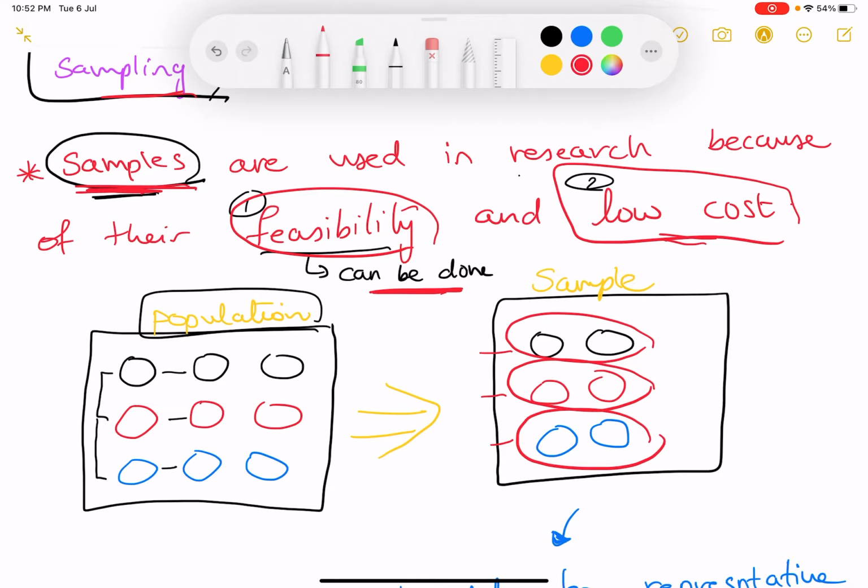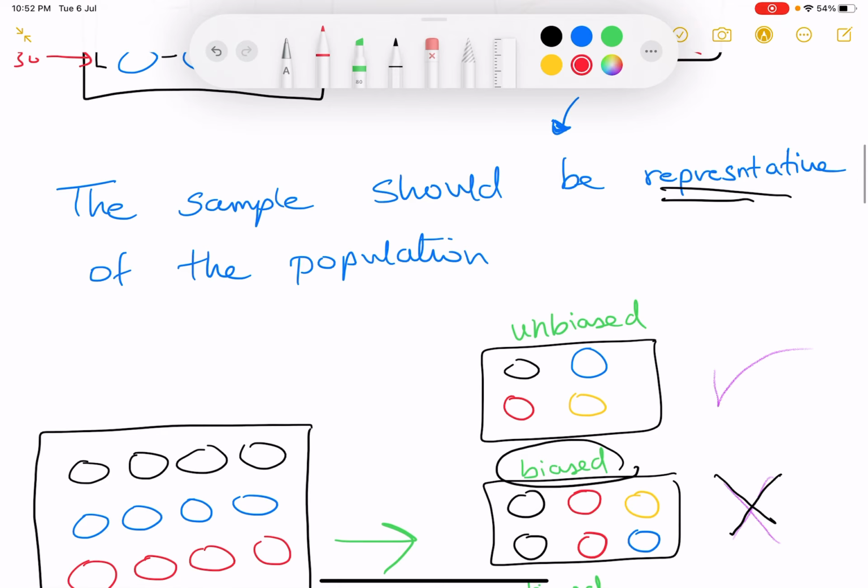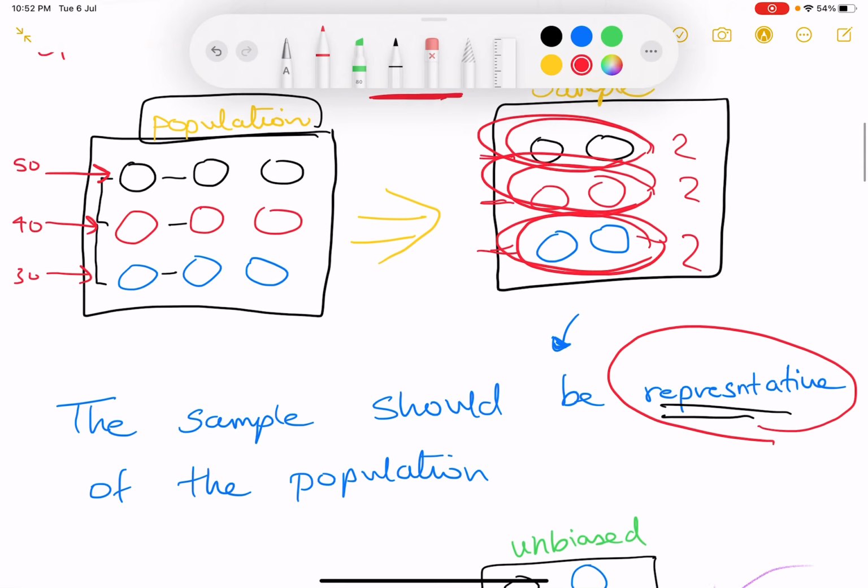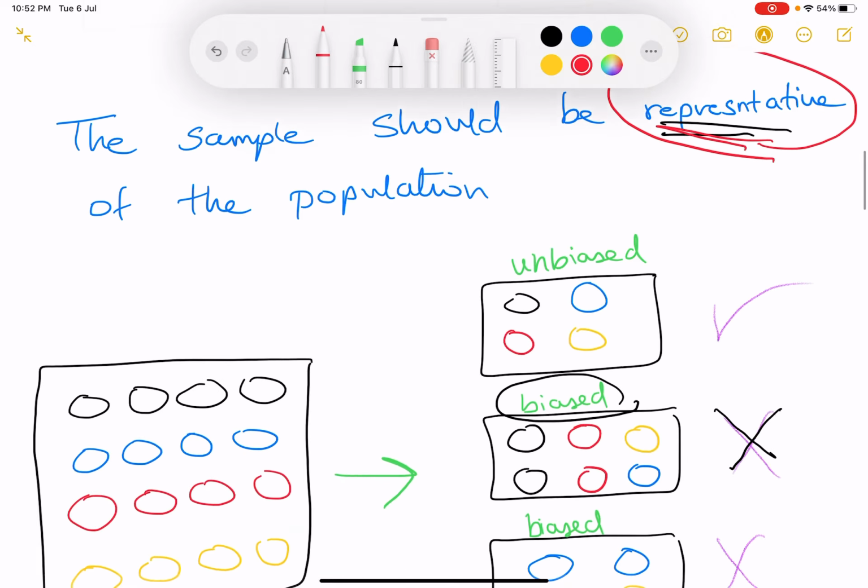For example, this category is 50 and above years old, and this is 40, this is 30. So we're going to take the same ratios. They're all the same. Here 2, 2, and 2. Okay, so this is a representative sample. It should be representative of the population.